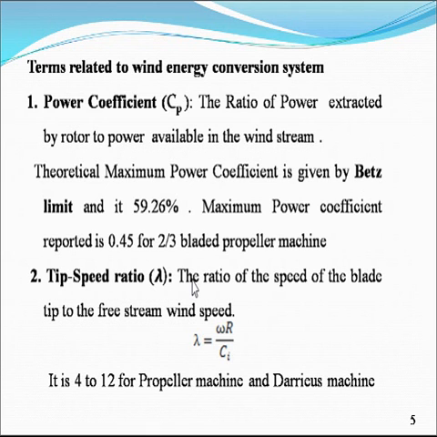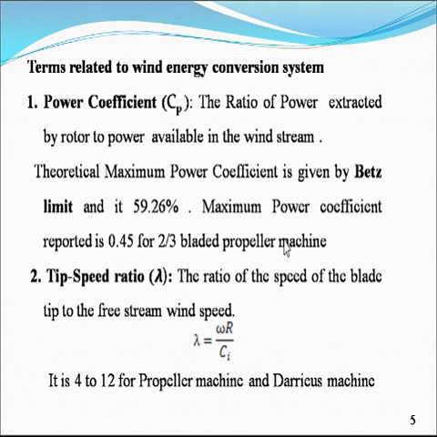The power coefficient is defined as the ratio of power extracted by a rotor to the power available in a wind stream, and the theoretical maximum power coefficient is given by the Betz limit, which is 59.26%. The maximum power coefficient reported is 0.45 for a 2 or 3 bladed propeller machine.